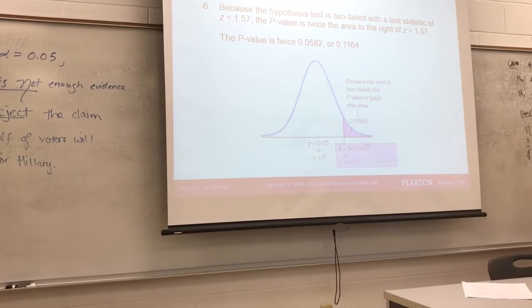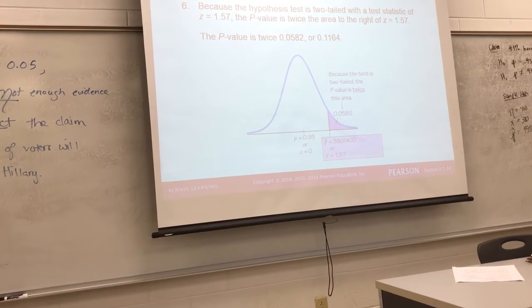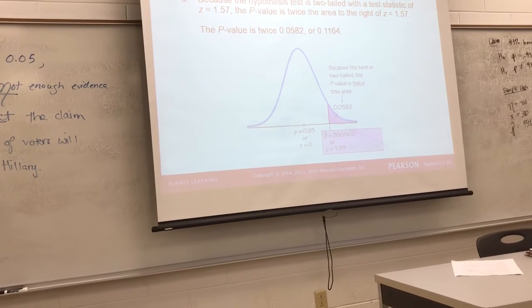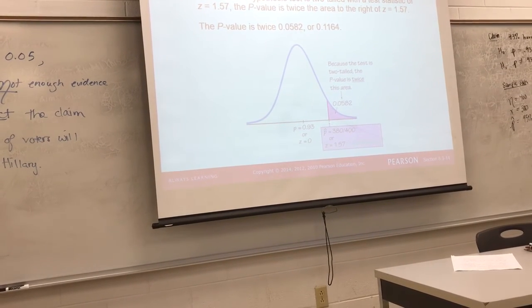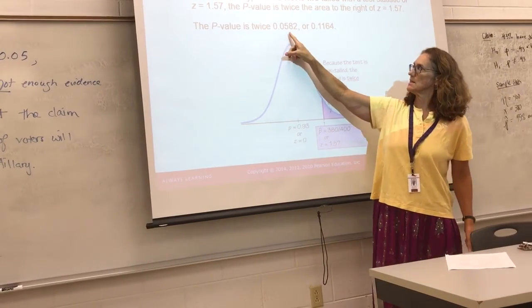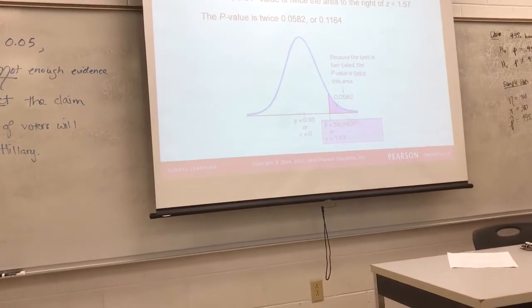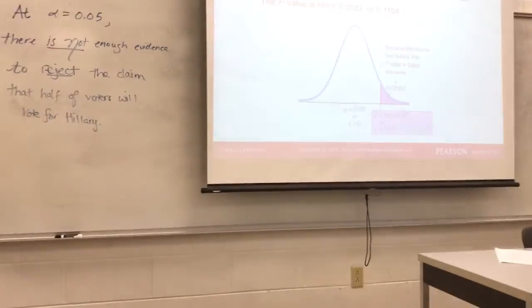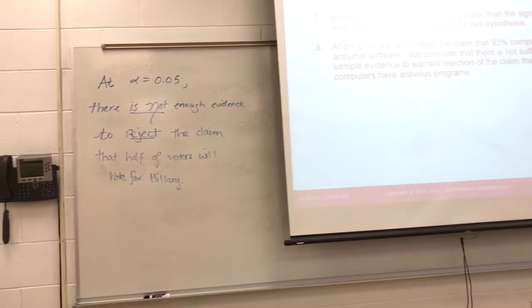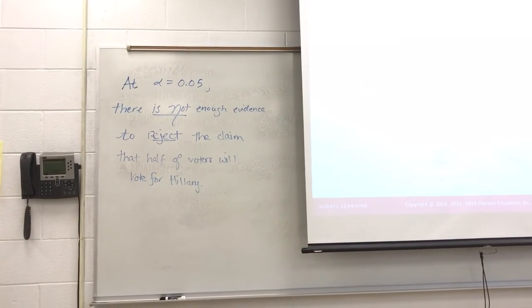What our calculator did for us was then double that, because it's an equals versus not equals. It's actually what we call a two-tailed test. Of course, theirs is a little off because they're using a table. So they got 0.1164. Alright, and it's greater than alpha, so you fail to reject the null hypothesis, which is the claim.